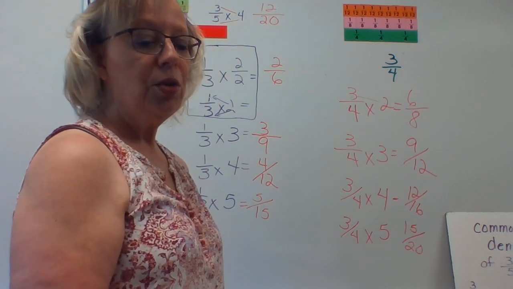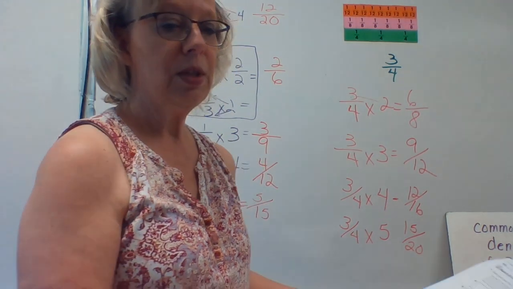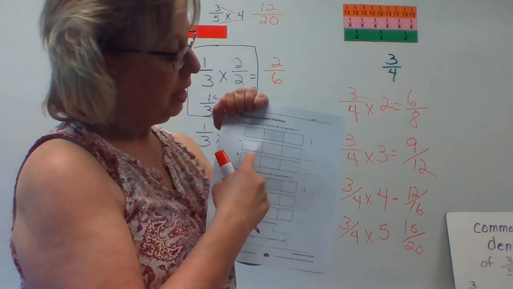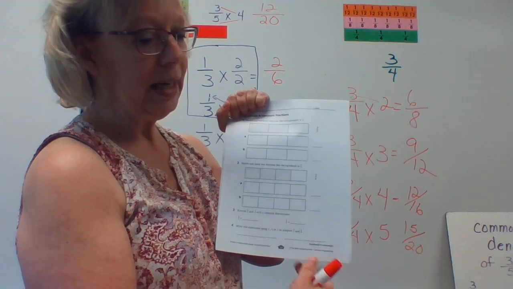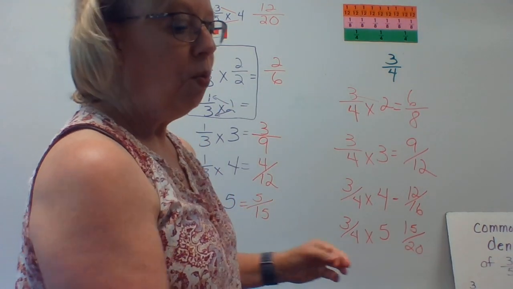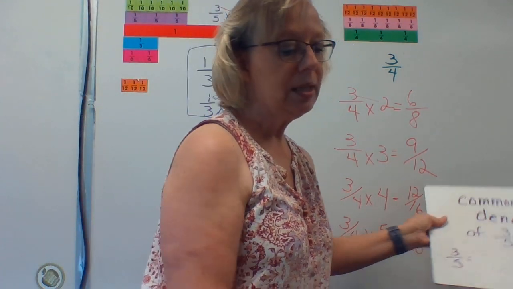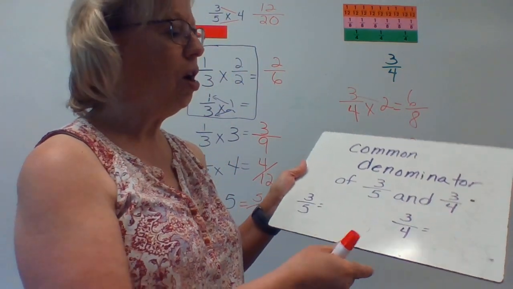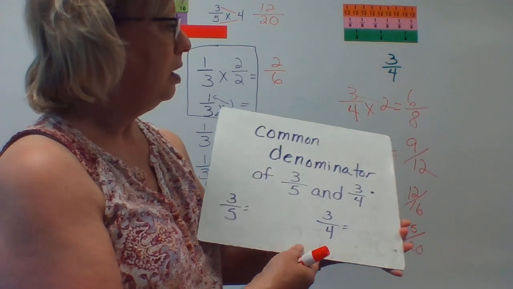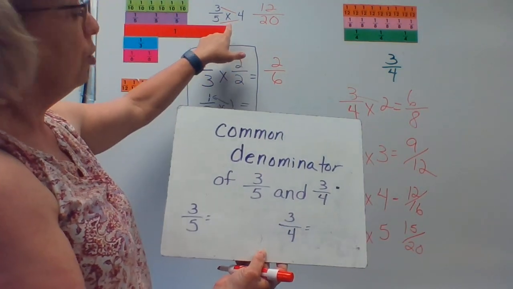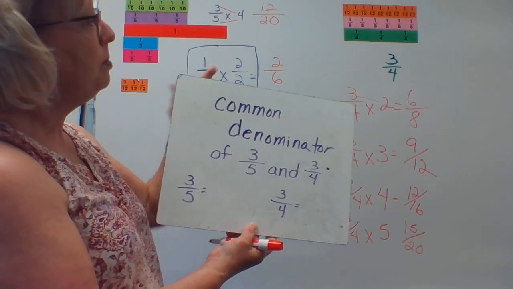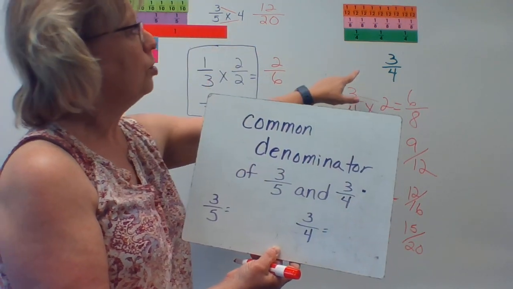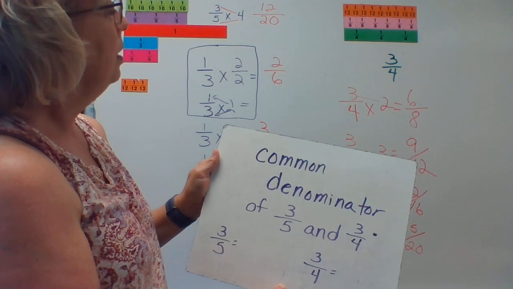Okay? So your work on Monday and Tuesday is finding equivalent fractions and shading in and writing some numbers on the side. One last thing you're going to come across, might say, find these 2 fractions that have a common denominator. If I look at my 3/5, what's the common denominator of 3/5 and 3/4?